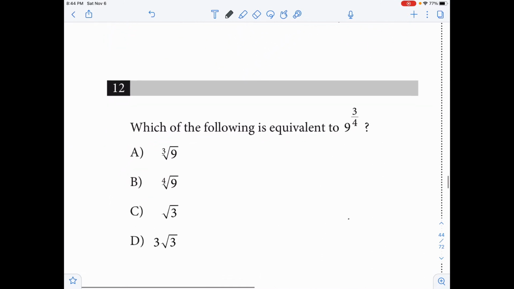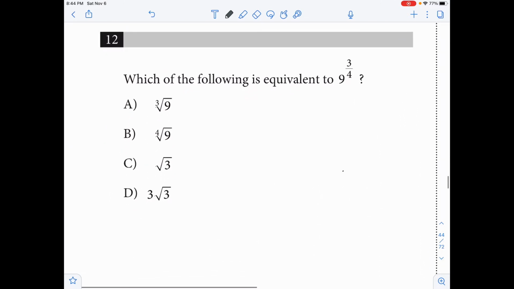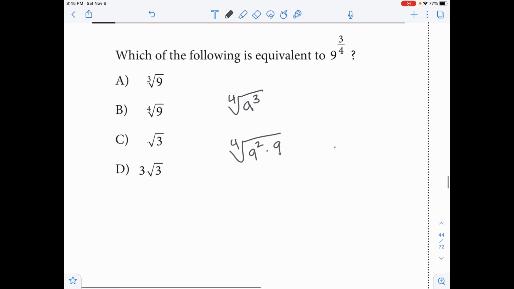In number 12, it asks which of the following is equivalent to 9 to the power of 3 over 4. So you can rewrite it as the 4th root of 9 cubed. And then 9 cubed could be written as 9 squared times 9. And we're given that 9 squared is 81.